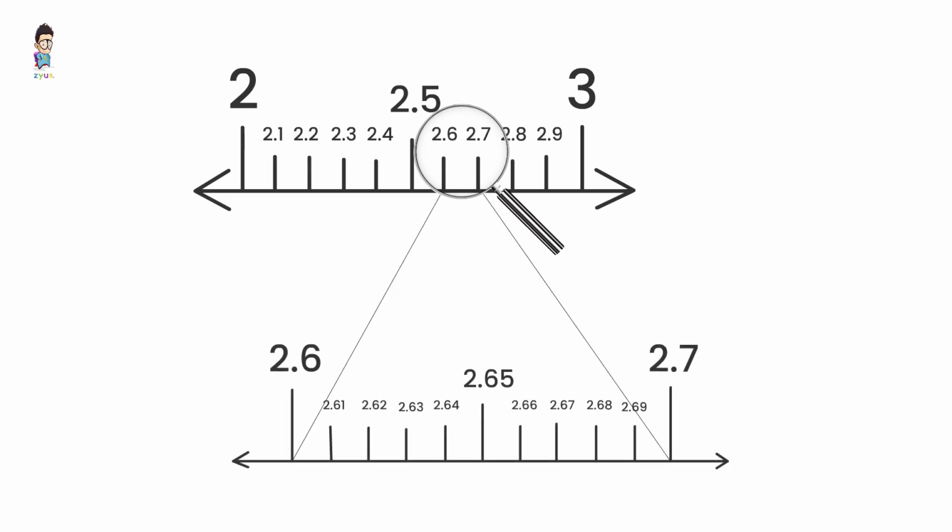Now the line that is right next to 2.6 is 2.61, and the mark that is right next to 2.61 is 2.62, and so on. And clearly we can see that the number 2.665 lies between 2.66 and 2.67.